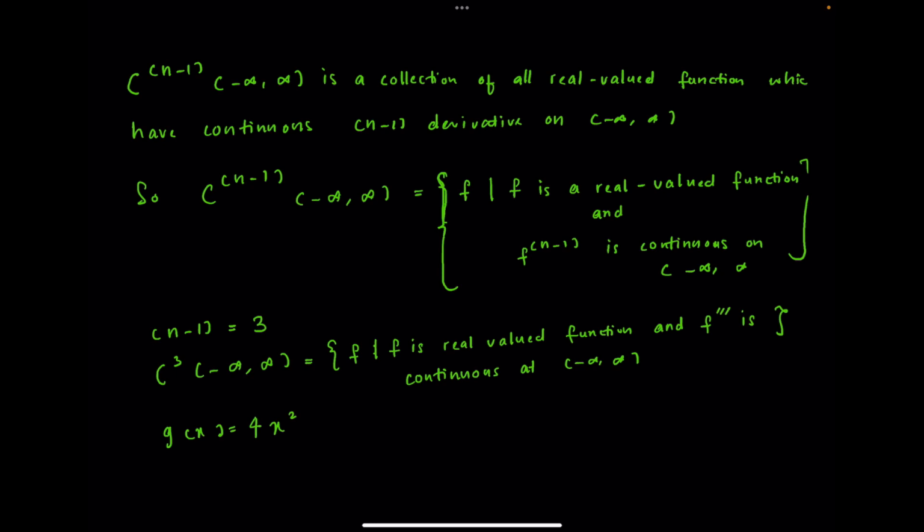Obviously, g is a real valued function whenever g is from R to R, because the range and the codomain is in R. The first derivative of g is 8x, second derivative of g is 8, and the third derivative is 0.